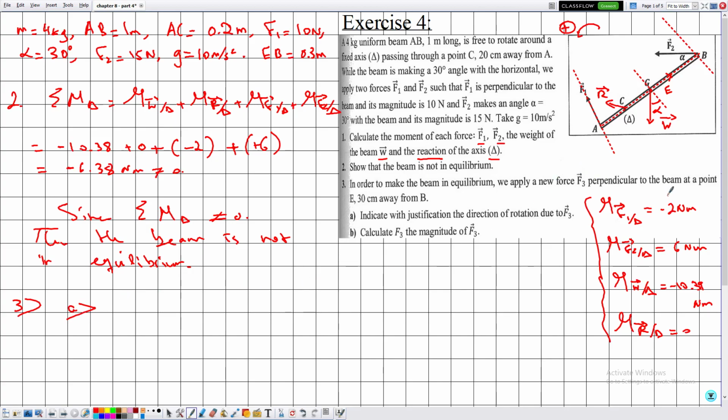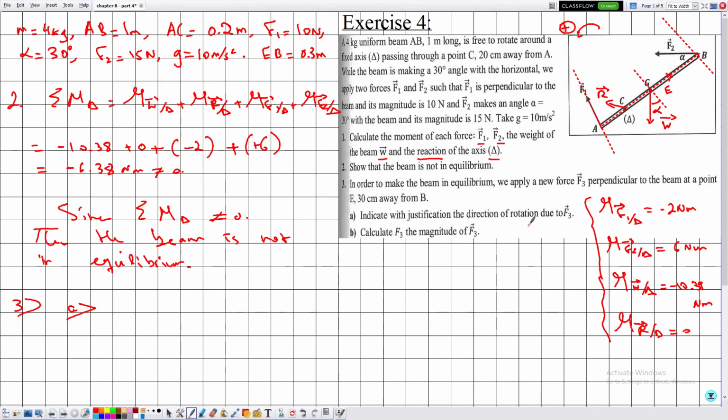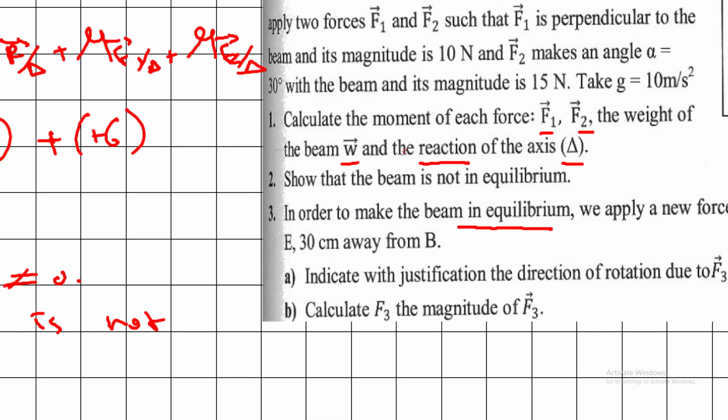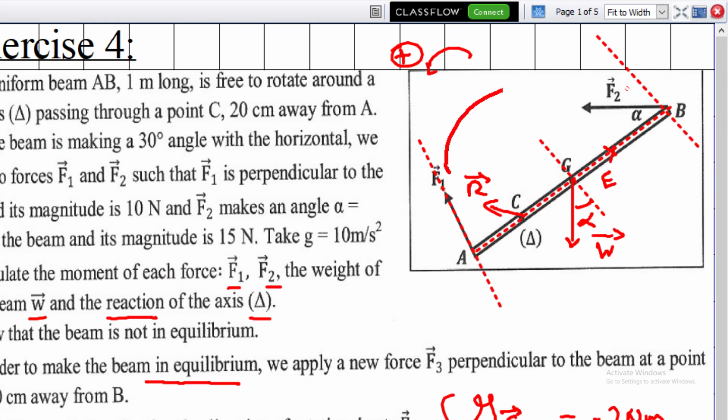Now in part A, they are telling us to indicate, with a justification, the direction of rotation due to F3, making sure that the beam is now in equilibrium. From part 2 we have determined that the beam is not in equilibrium, and we have justified why it is rotating like this.